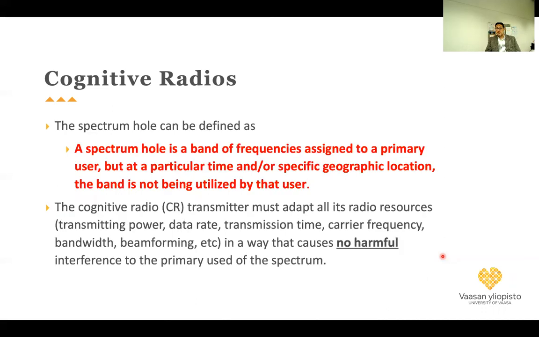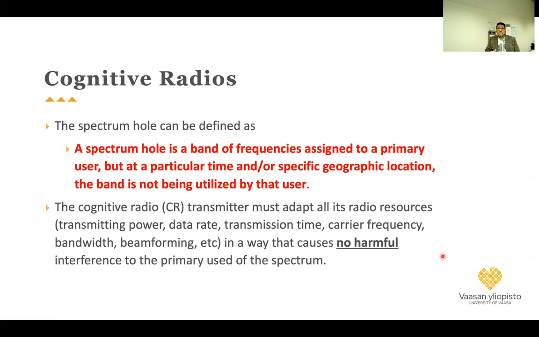So we can define the spectrum hole as a band of frequencies assigned to a primary user, but at a particular time or at a specific geographic location, the band is not being utilized by that user. If the band is not used at that location, or the primary user doesn't have receivers in that area, then under some conditions, as we will see soon, we can utilize our transceivers in that area.